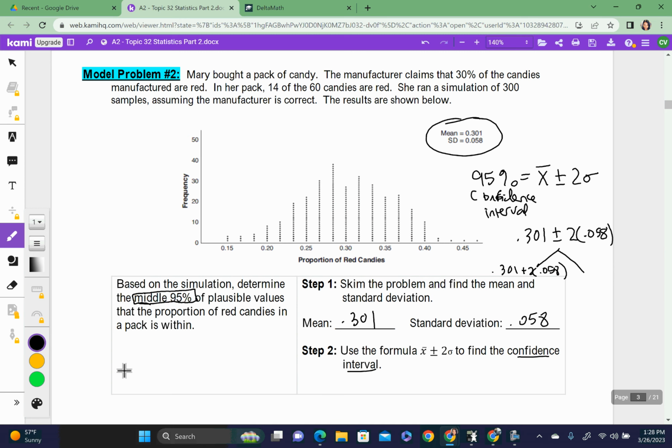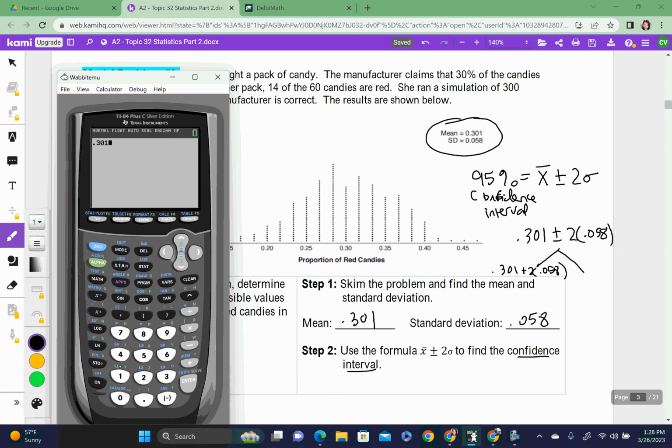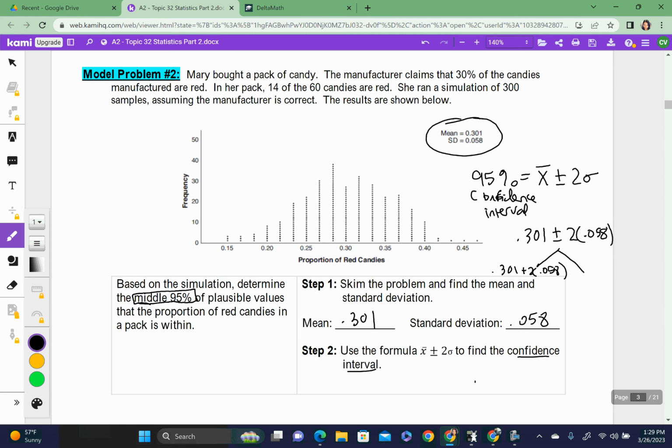So that's the first one that I'll put into the calculator, plus 2 times the standard deviation, which again is 0.058. Close those parentheses, hit enter. So I have 0.417. Okay, so when I add them, that's what I get, 0.417.